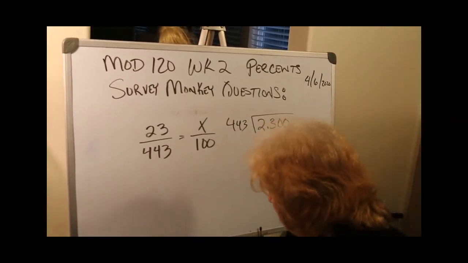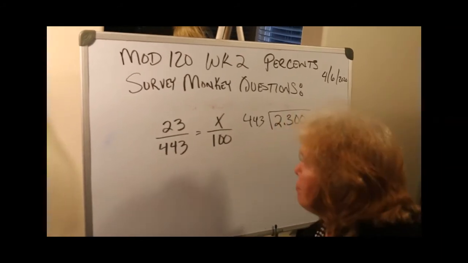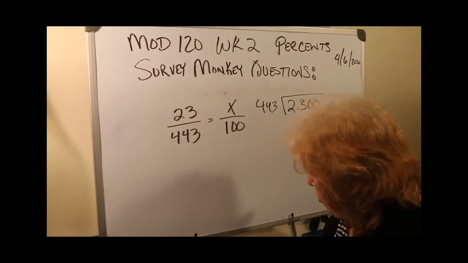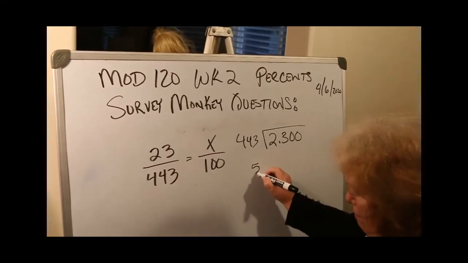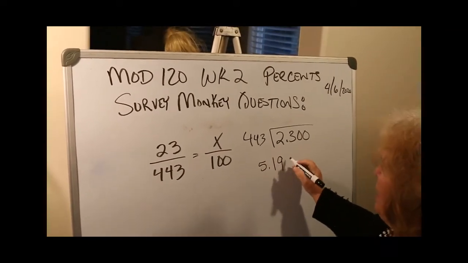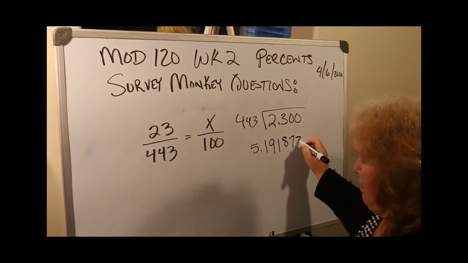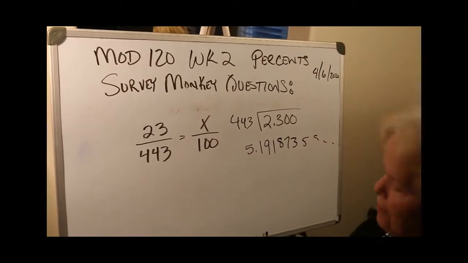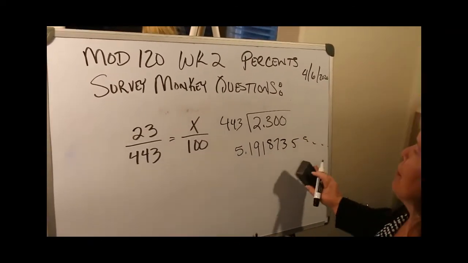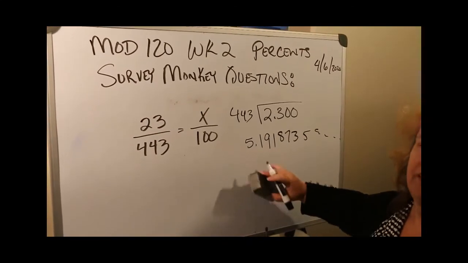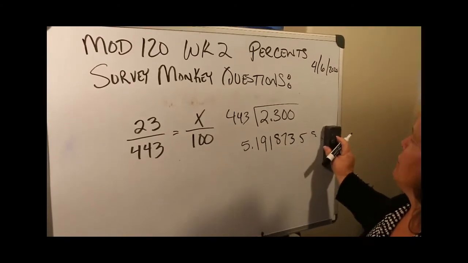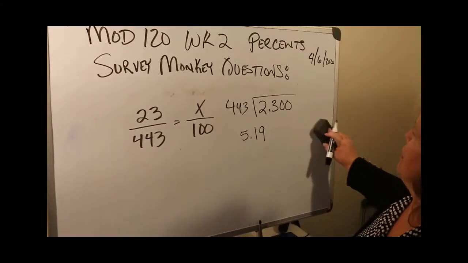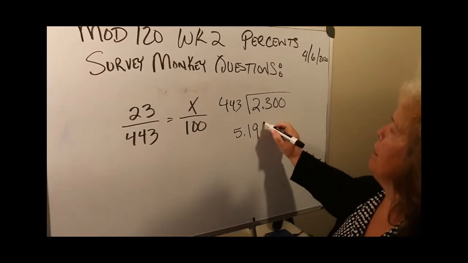So 2,300 divided by 443 equals 5.19, and actually 5.1873 and so on. But we're not going to do that. We're going to go down 2 spaces past the decimal, so we'll just get rid of all of that, and it's 5.19%.